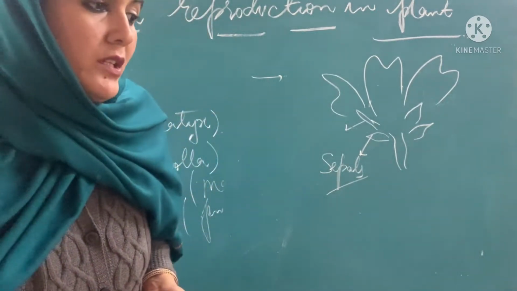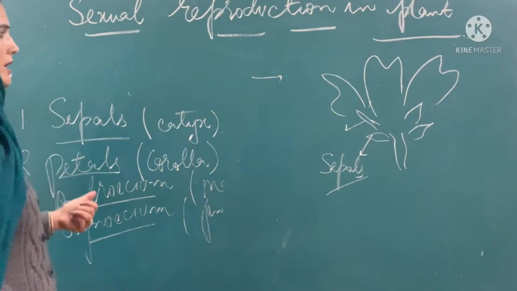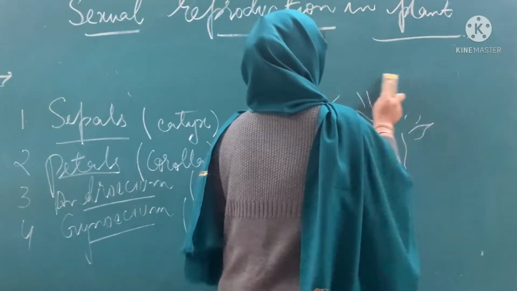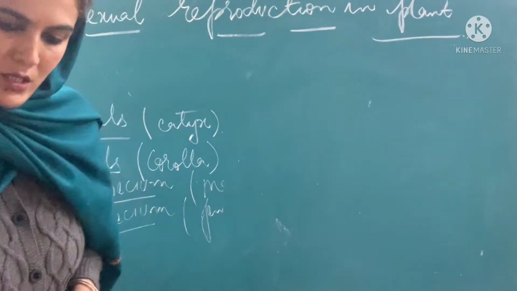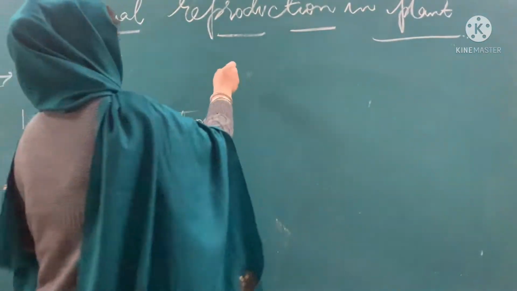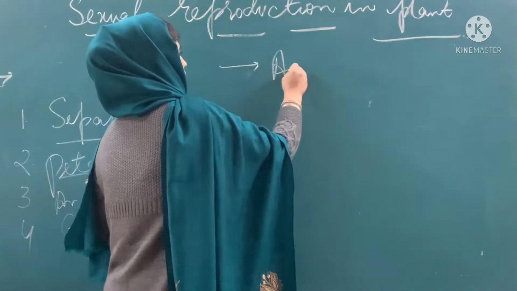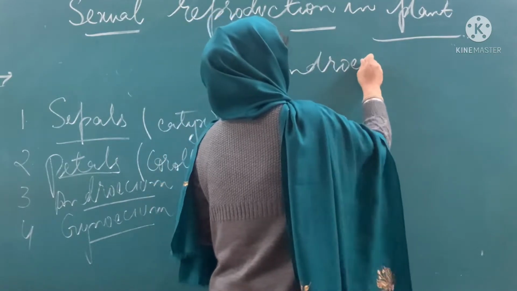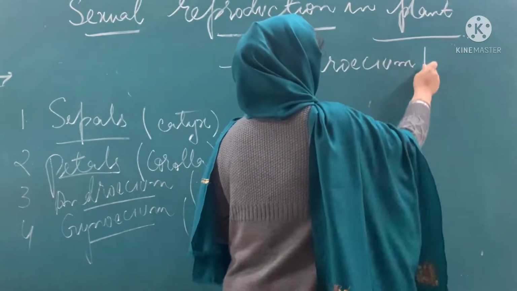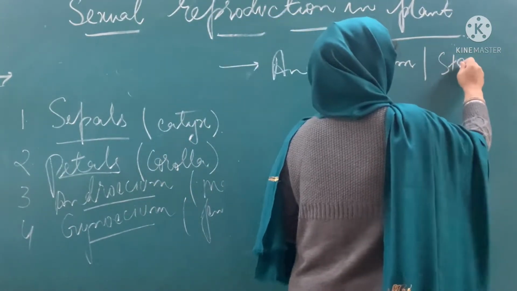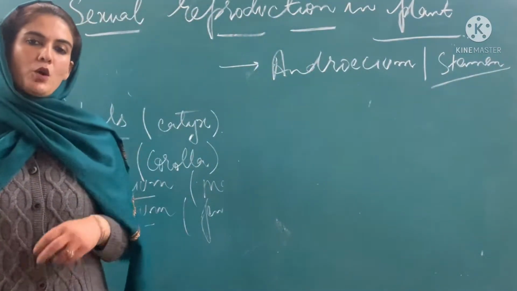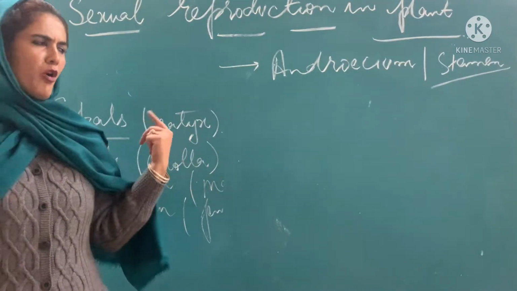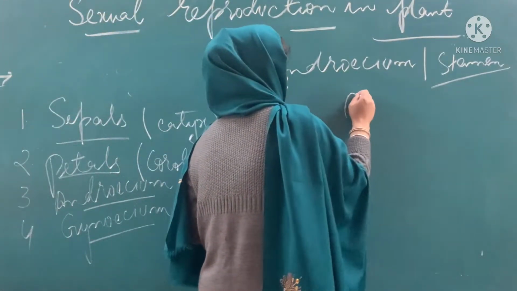Now we will move on to the androecium, the male reproductive part of a flower. Androecium is also known as stamen. This stamen is made up of two parts, as I will draw here.